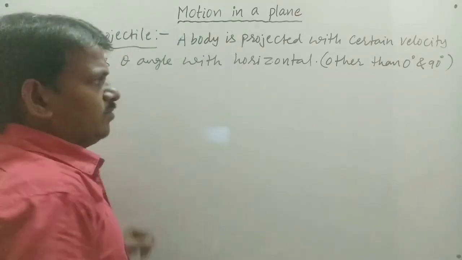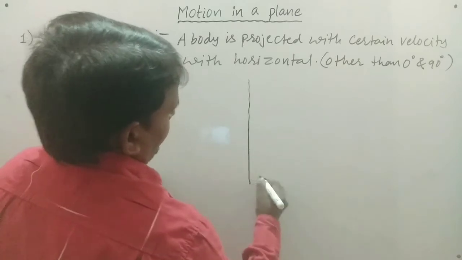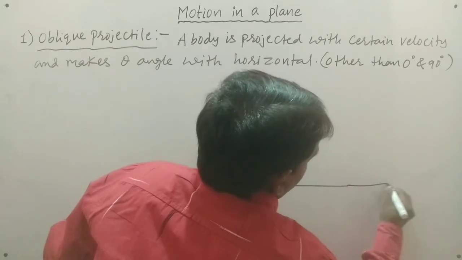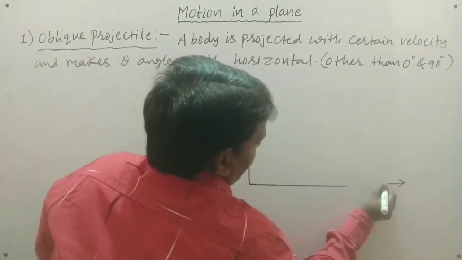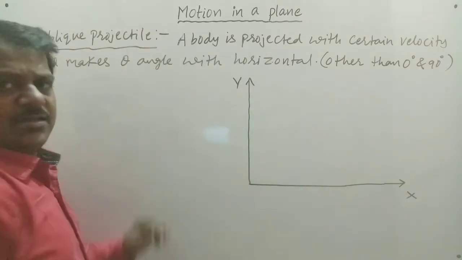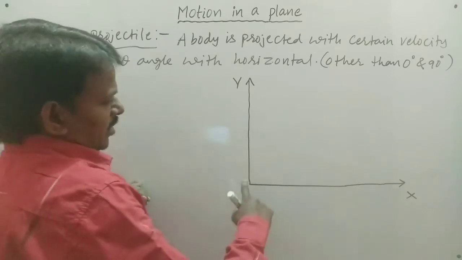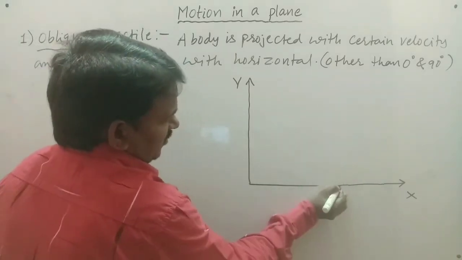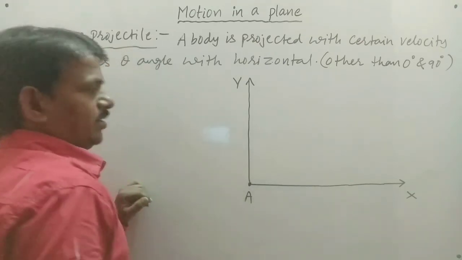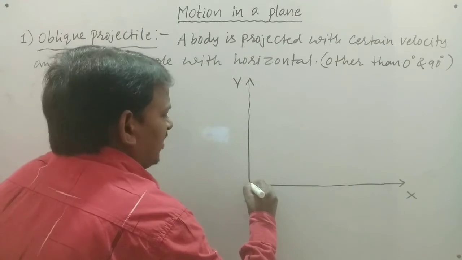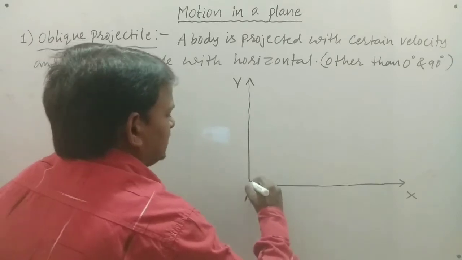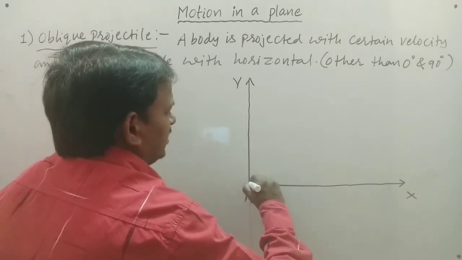Let us see the diagram. This is the XY coordinate system. Now in the XY plane, this is the X axis, this is the Y axis. Let us consider a body projected from this origin, which I am taking as point A. Here the initial velocity makes theta angle with the horizontal.